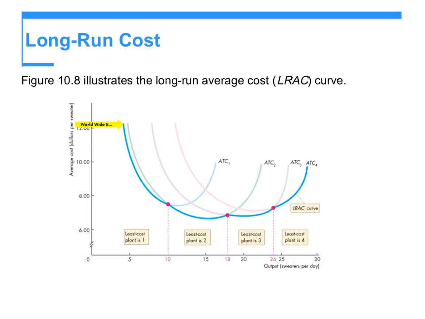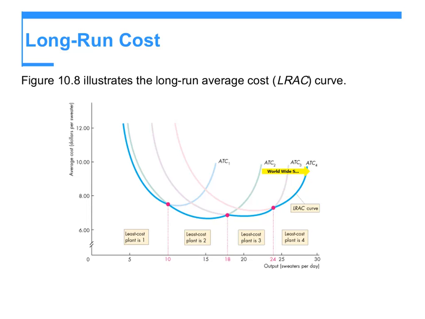From 10 to 18, it's better to use 2 machineries, because 2 machineries between 10 and 18 give you the lowest average cost. Between 18 and 24, it's better to use 3 machineries, and more than 24, you better use 4 machineries because it gives you the lowest ATC.